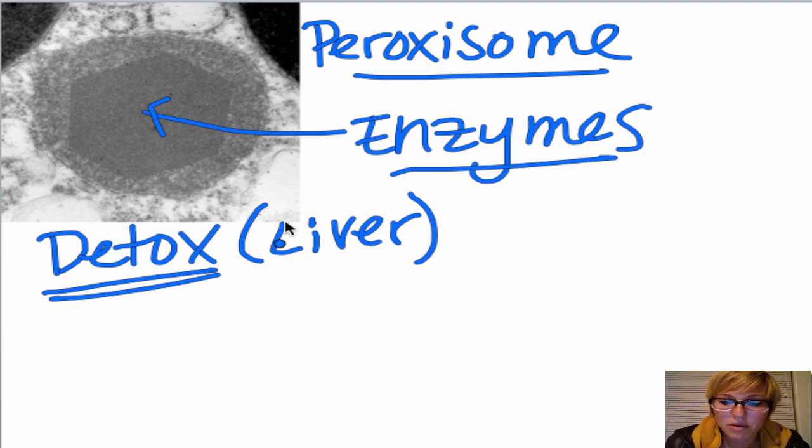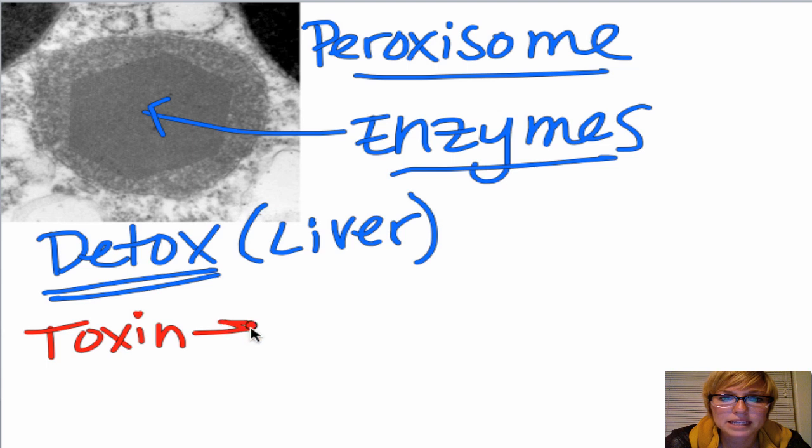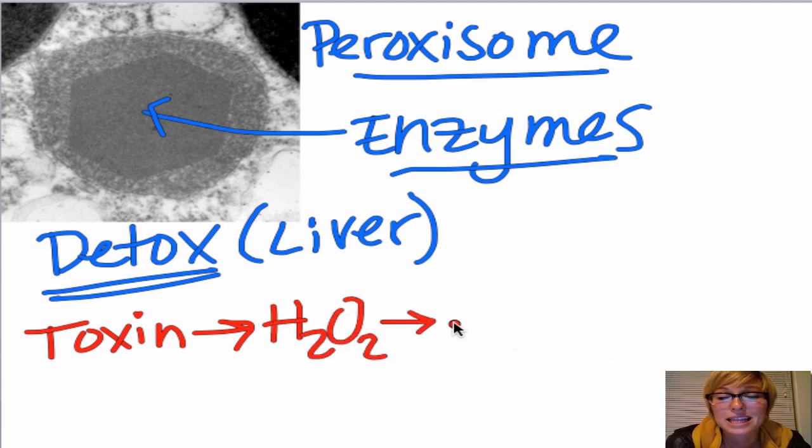So let's talk a little more about the process of peroxisomes. Peroxisomes are super good at taking toxins and breaking them down into one thing. They take a toxin and break it down into something that sounds a lot like their name, hydrogen peroxide, which is H2O2. Okay? The thing about hydrogen peroxide is that it isn't that good for us either. So peroxisomes are really efficient at taking the toxin and breaking it into another toxin. But hydrogen peroxide is easy to break into something that isn't very harmful to us at all.